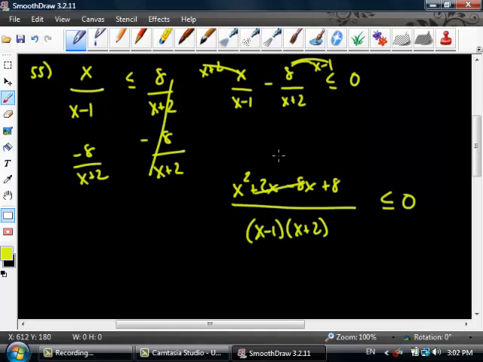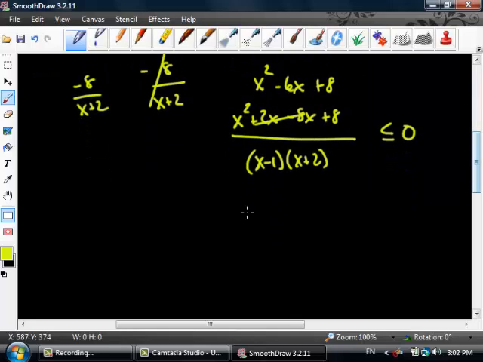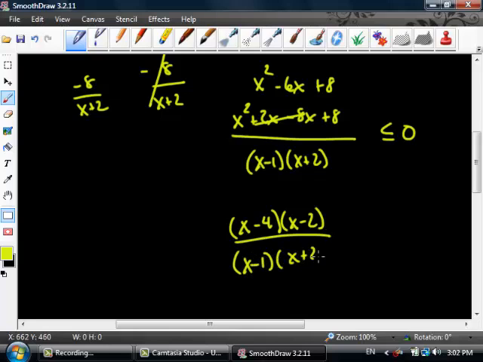Let's combine some like terms here. That's negative 6x. I'm going to refactor the top because I can and because I want to. So that would be x minus 4 times x minus 2 over x minus 1 times x plus 2, less than or equal to 0. Everything is simplified. Everything is all isolated.